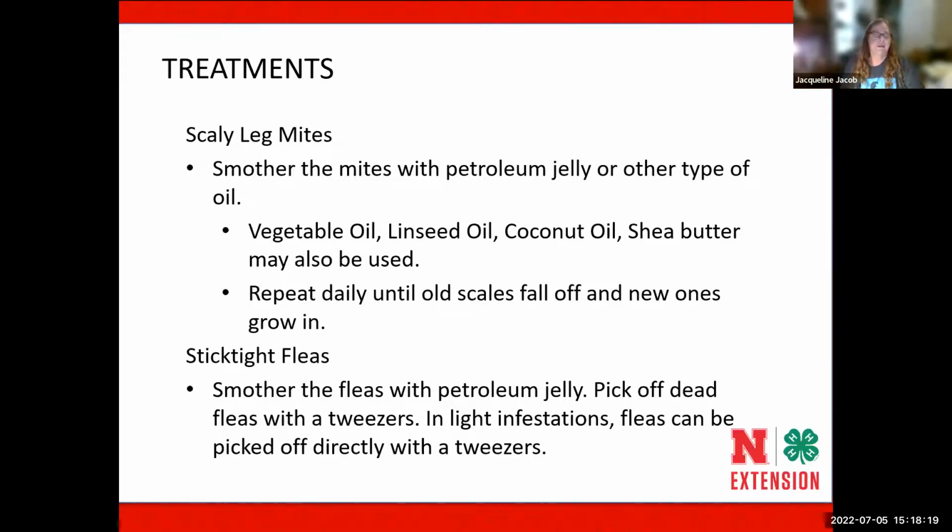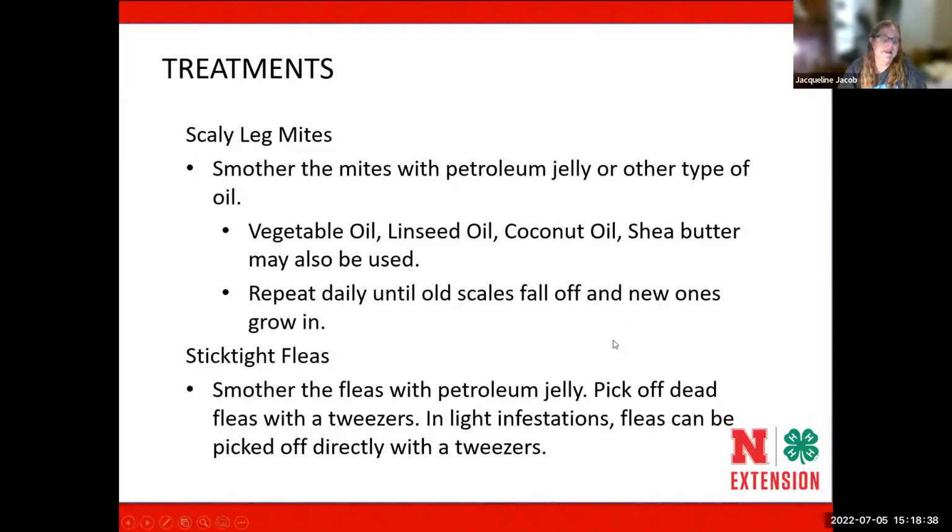So it may look like you still have an infestation, which can of course be a problem if you're showing birds. With a light infestation, you can pick them off directly with tweezers after they've died to help speed up the process.